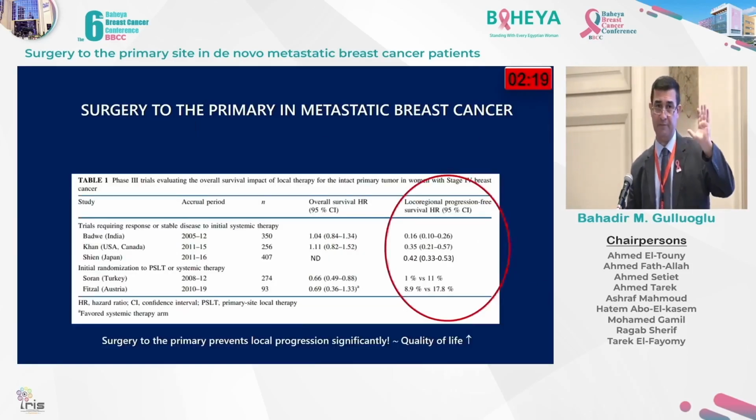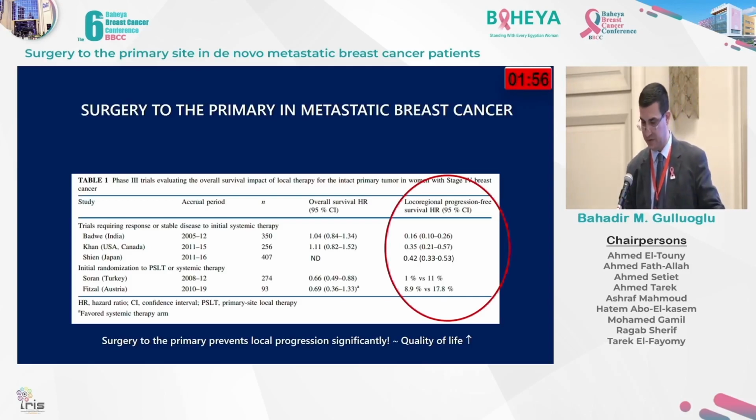But all of them showed one distinct feature. Every study showed a significant difference in local regional disease progression survival, because you're removing the tumor and patients have a very high quality of life. They maintain their quality of life. They're not living with their tumor in their breast. So all 6 trials show this very, very clearly.